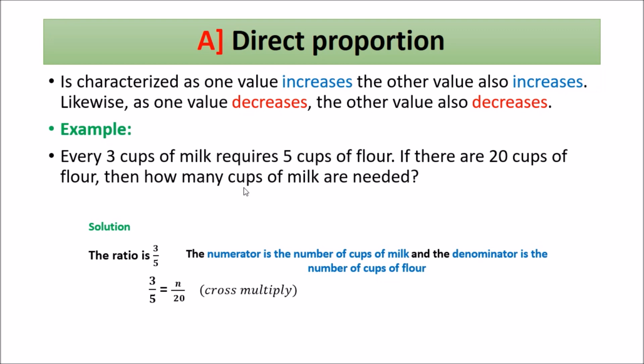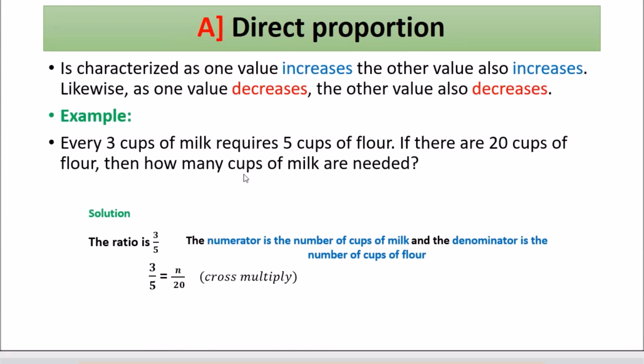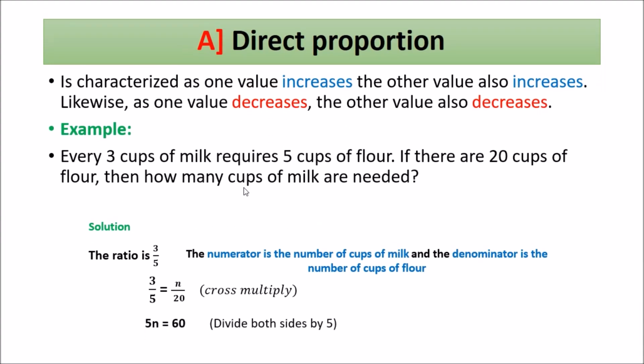So to get the value of n, we can do the cross multiplication of the given equation. And from that, we multiply 3 times 20 equals 60, and 5 times n, and that will give us 5n equals 60.